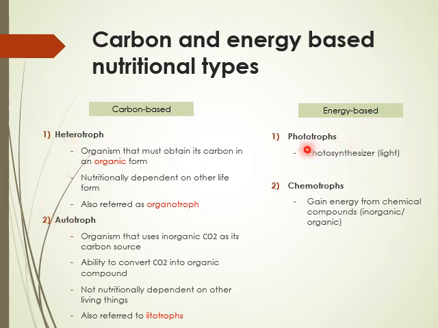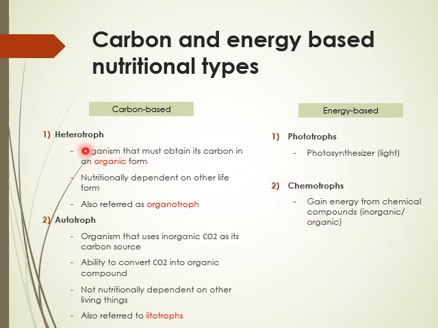The other is energy-based, either phototroph or chemotroph. You must remember the terminology. Very easy. Hetero means it relies on other living things. Auto means it does not need other living things. Photo means light. Chemo means chemical.